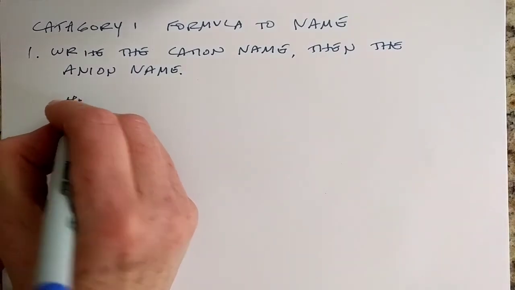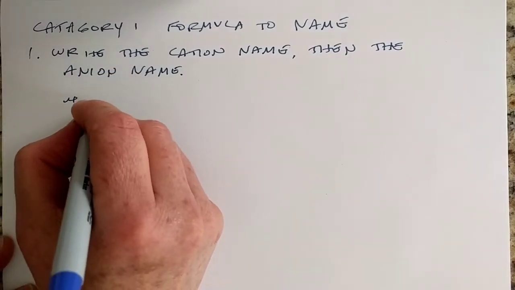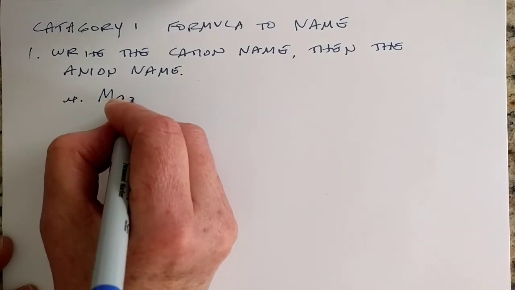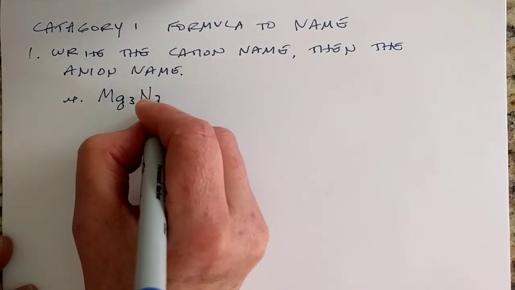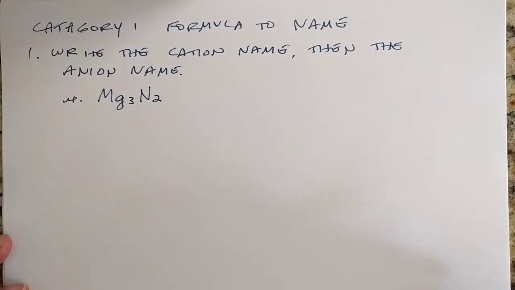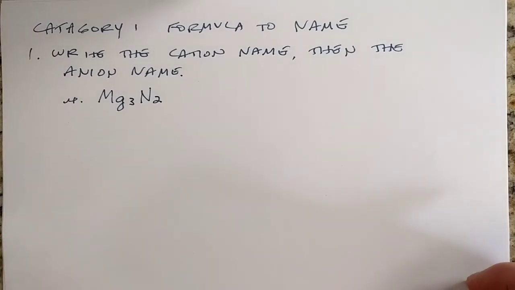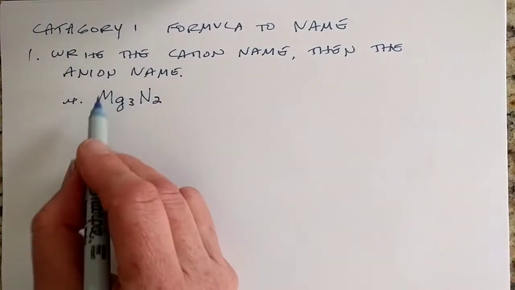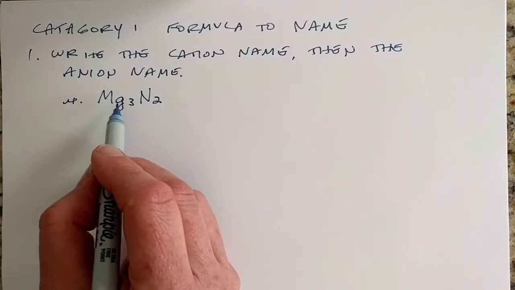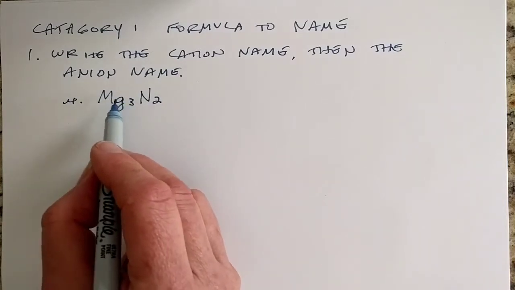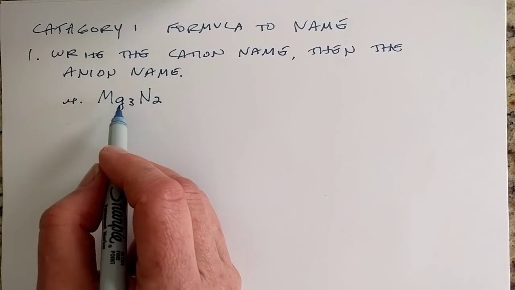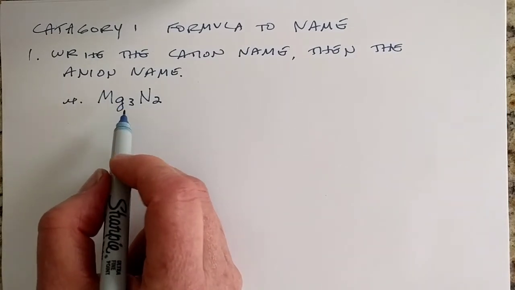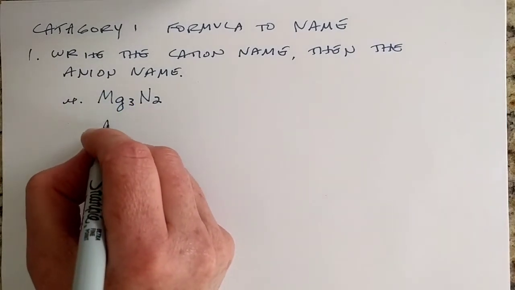So our example, if we have the formula Mg3N2, and we want to say the name of that compound. Okay, so it's an ionic compound, begins with the metal, so that means that these Mgs, the three of them, they are magnesium ions. The name of the cation is the same as the element, so the name is magnesium.